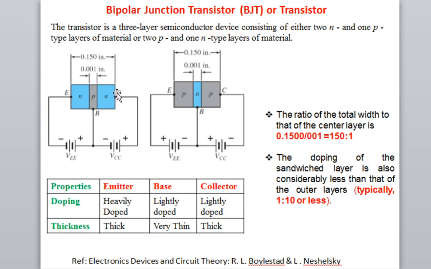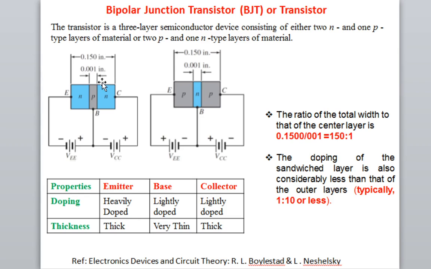Let us say I have considered two diagrams. If the thickness of the whole transistor, including emitter, base and collector, is 0.15 inch, then the thickness of the base should be 0.001 inch.